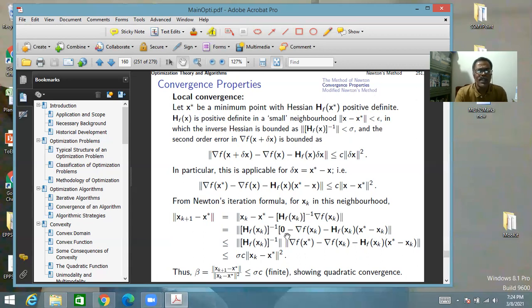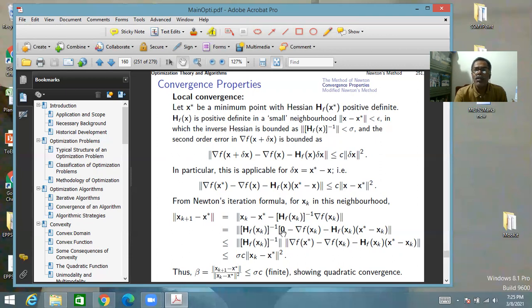Okay, doesn't matter. Now, in this term, xk minus x star was not there, but we are forcibly taking it out. So inside we will keep Hf(xk), not its inverse. That will mean the same thing, compensation. If you open out this product, this into this will cancel out, and you will get, again this minus sign has been put because here it was xk minus x star, here it has been put as x star minus xk, so that's the minus sign.